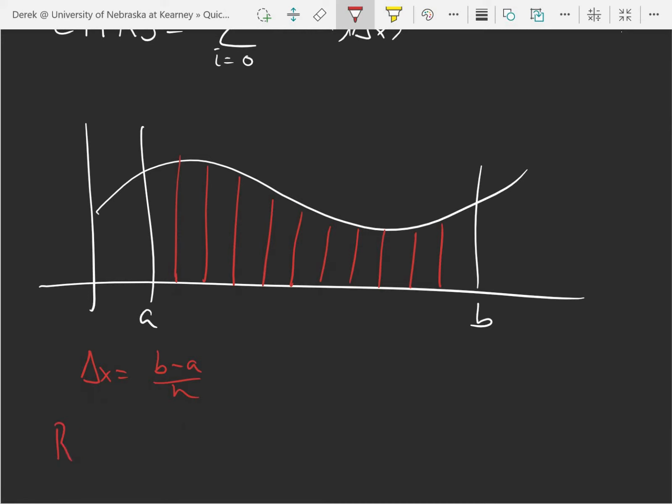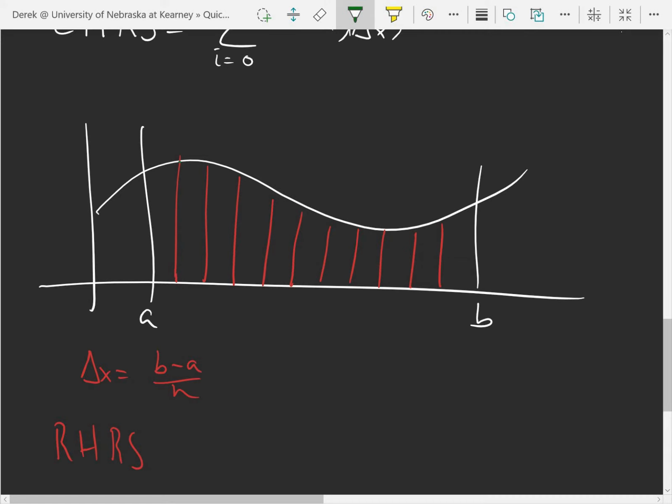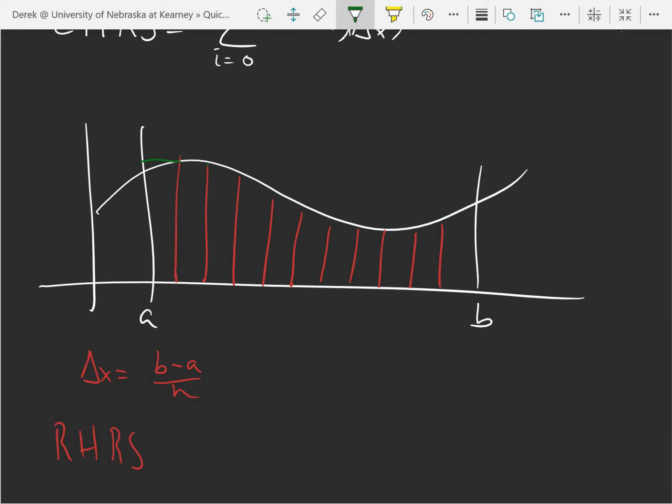Then the right-hand Riemann sum. Well, where do I want my heights drawn? I want to start here at the right-hand side to draw my rectangles. Right-hand side, right-hand side, right-hand side, and so on.